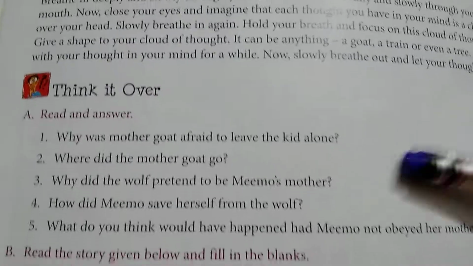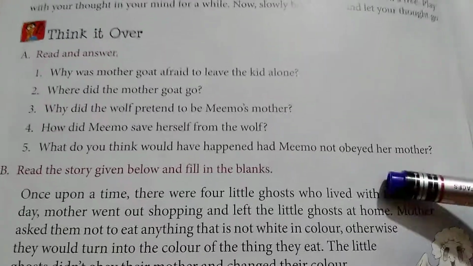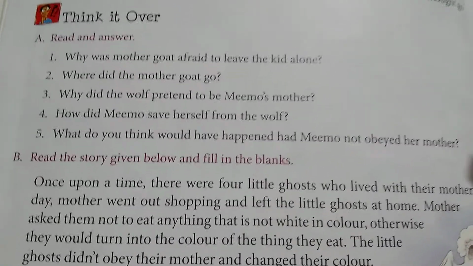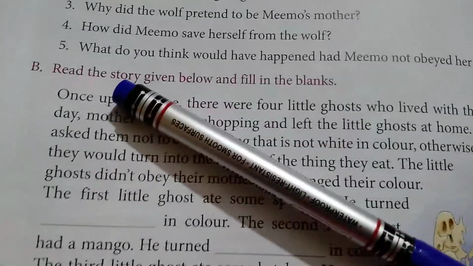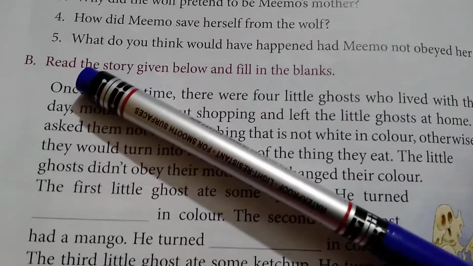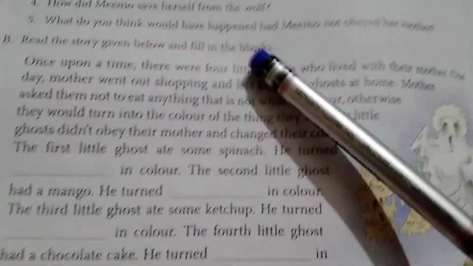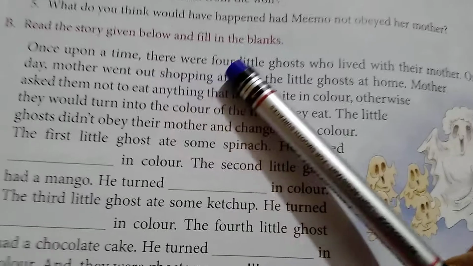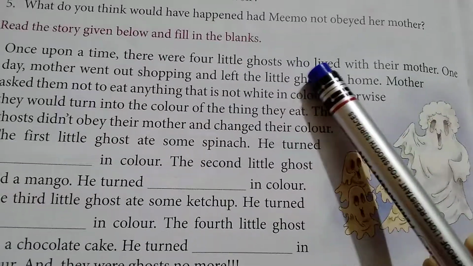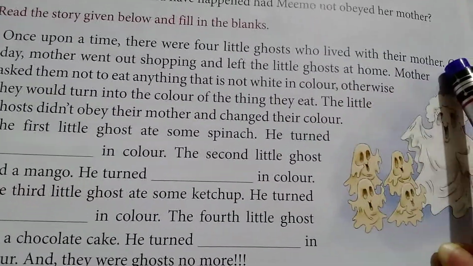I'll give you the question and answers after I complete this book exercise. Number 3. Read the story, I'm telling it. Read the story given below and fill in the blanks. Once upon a time, there were 4 little ghosts who lived with their mother.